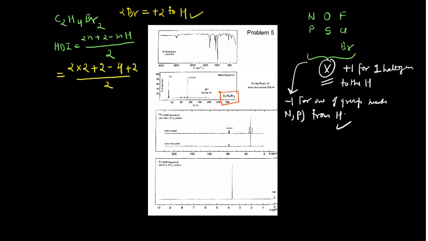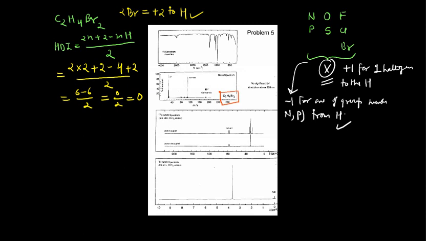That means 6 minus 6 divided by 2, which equals 0 by 2, equals 0. That means no hydrogen deficiency index. That means your molecule cannot have a double bond and it cannot have a ring. And now you have to look for the possible structures.